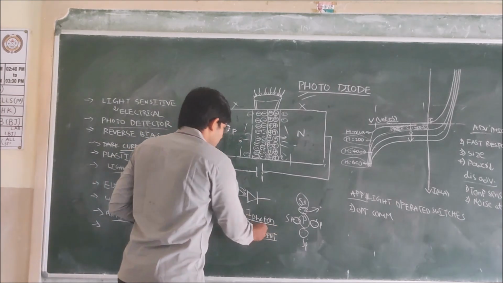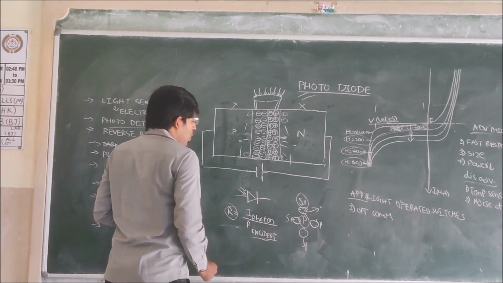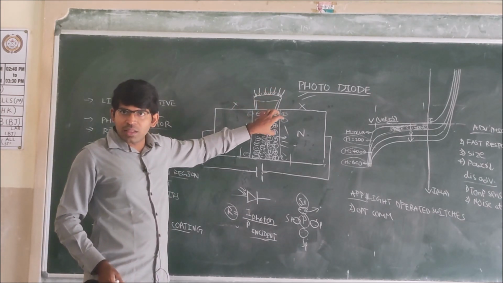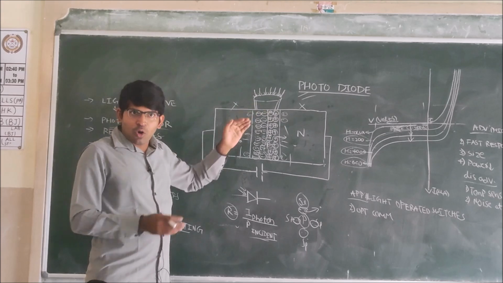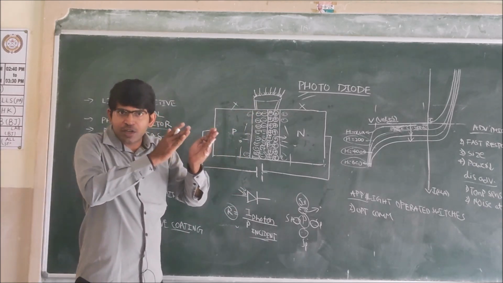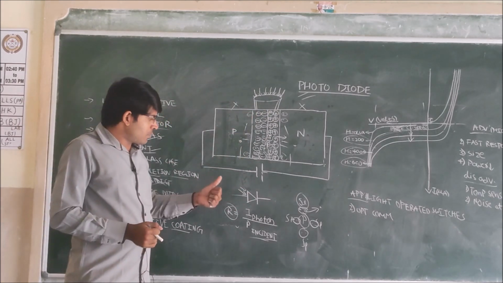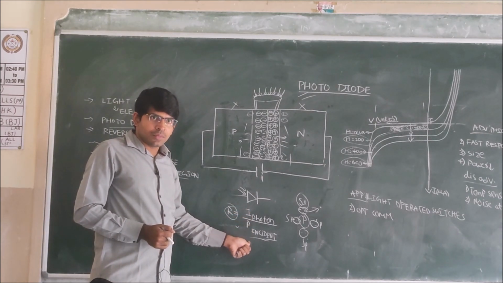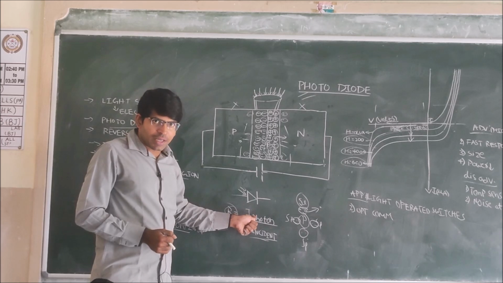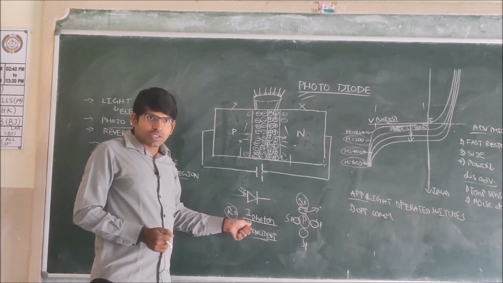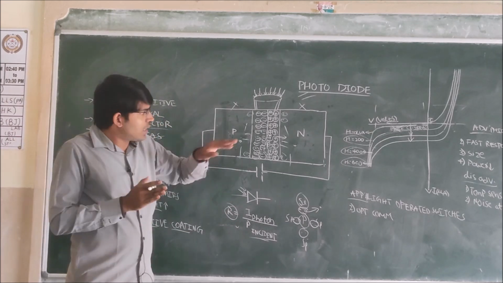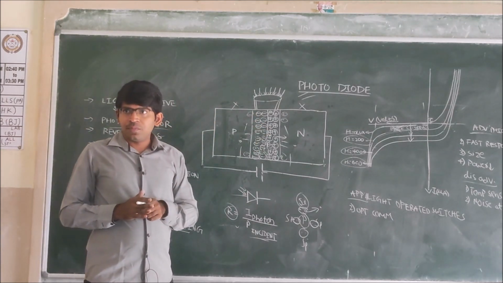And then this is the responsivity equation. How much light is falling on this area and how much light is being converted into electrical energy: I photon by P incident. How much current you are getting, how many photons are incident on this depletion region.